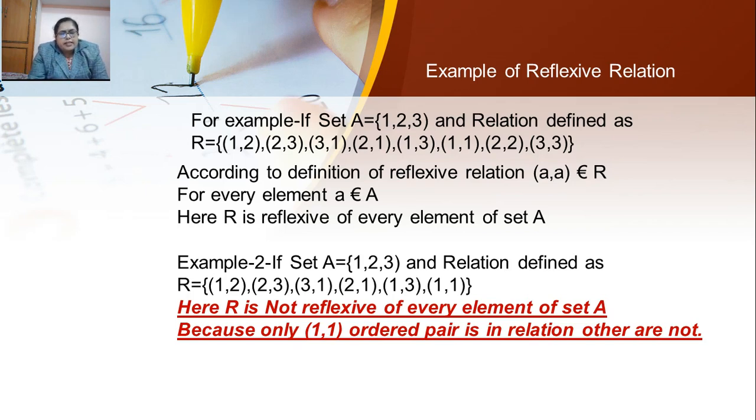Now we can understand when a relation is not reflexive with an example. If set A equals {1, 2, 3} and relation is defined as R equals {(1,2), (2,3), (3,1), (1,3), (1,1)}.